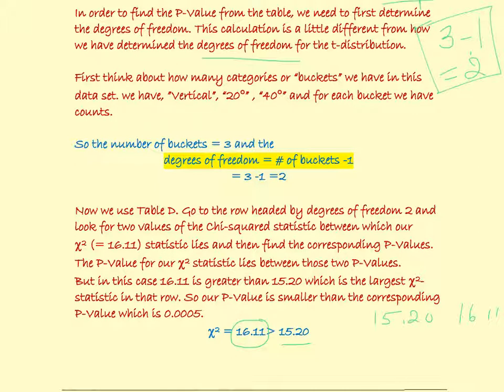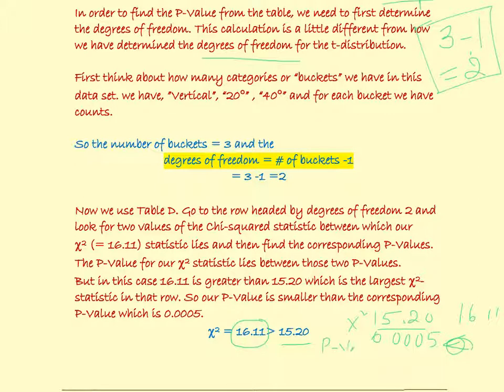Now find the p-value corresponding to 15.20. The p-value is 0.0005 for 15.20 as the chi-squared statistic. But our number is further off to the right of this chi-squared statistic, which we see in the table. So our p-value must be even less than 0.0005.